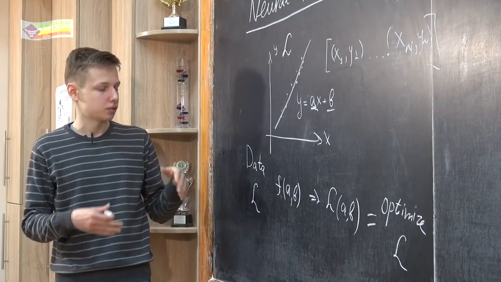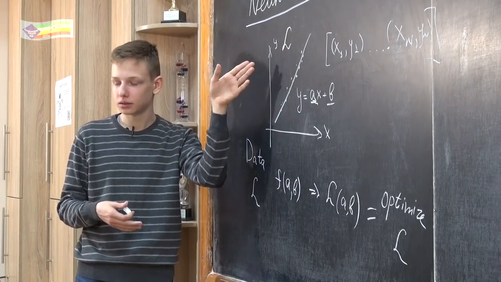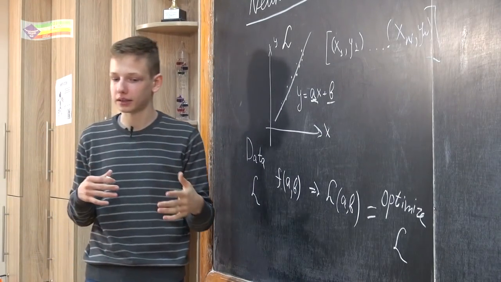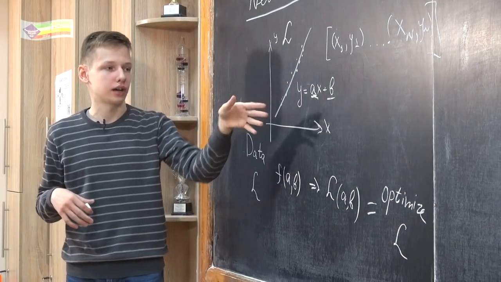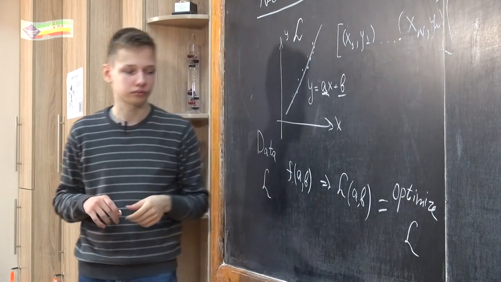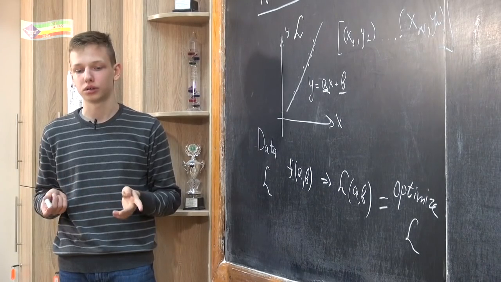We give the machine some x data, some y data to learn on, and then the machine tries to find some patterns in this x and y data and find the best function to optimize the loss function. So this is how supervised learning works.